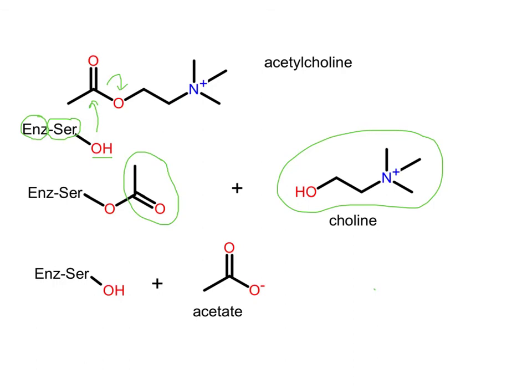What the enzyme then does very quickly is catalyze the attack of a water molecule on this acetyl group, and that enables the acetate ion, which is the other product of the enzyme catalyzed reaction, to be released. And now you see we've gone back to our original enzyme in the state it was to start with, and it's now ready to go back and just repeat the process over and over again.